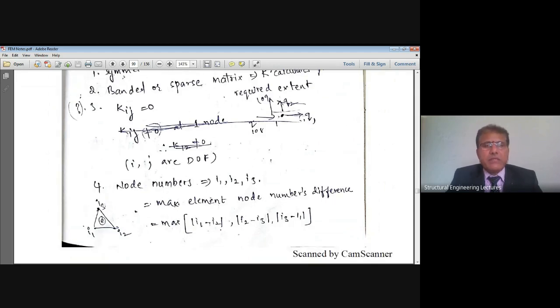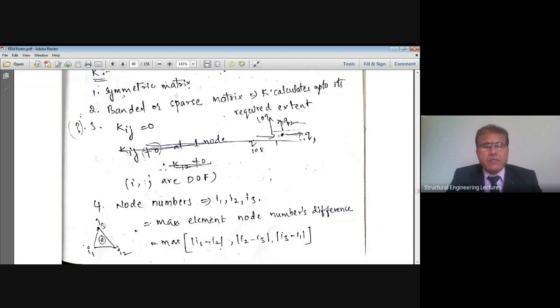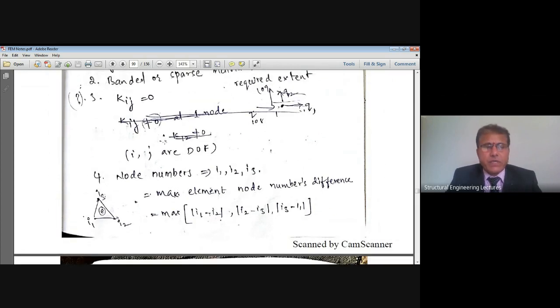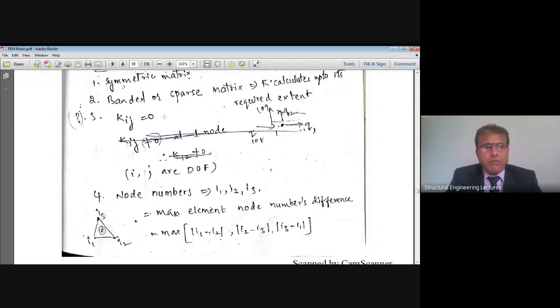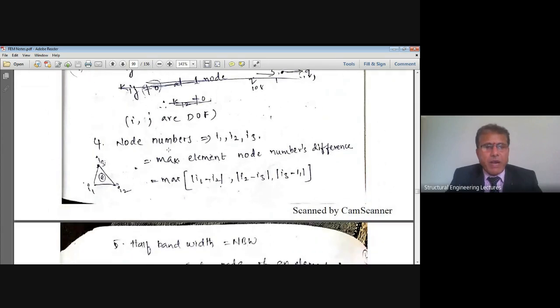If bad node numbering is done, then this banded or sparse form will also require more memory allocation. That we have seen in 1D elements. Please refer back to the discussions on the 1D elements. There we have seen the importance of the node numbering on the banded form or half bandwidth, right?